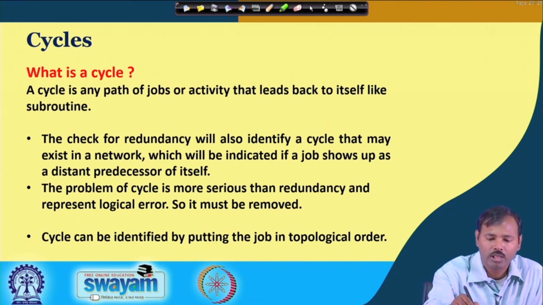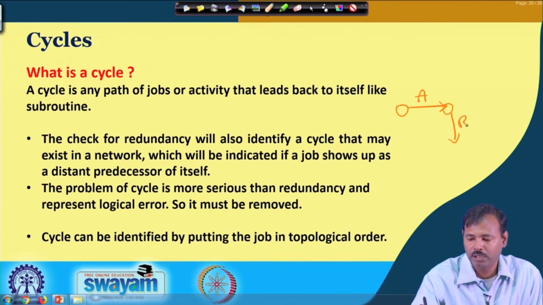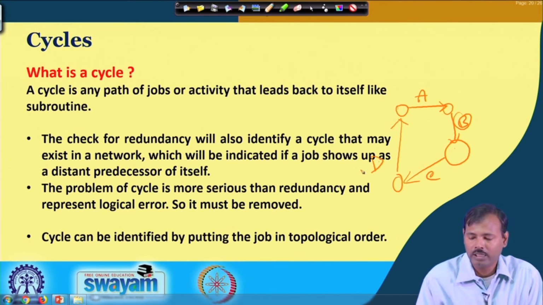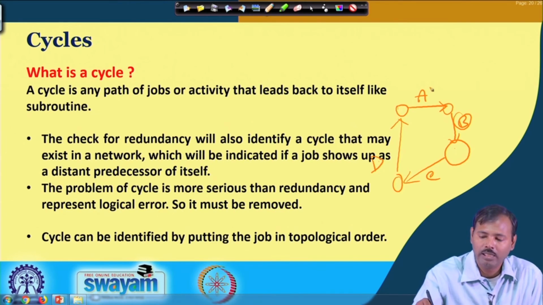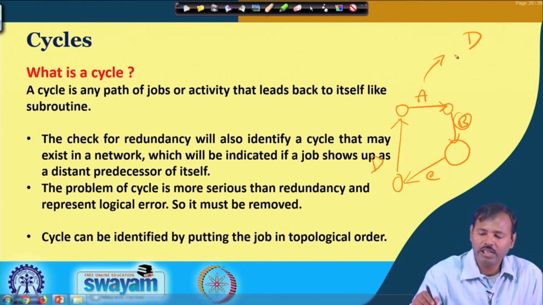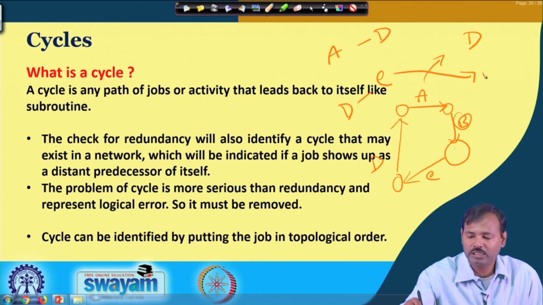Cycle means if it is shown that job A is a successor of job B, then job C is mentioned as the successor of B, then say job D is there, which is mentioned as a successor of C, but A is mentioned as the predecessor of D. So, what happens if A needs a predecessor D, and D needs a predecessor C, which in turn has the distant predecessor A?